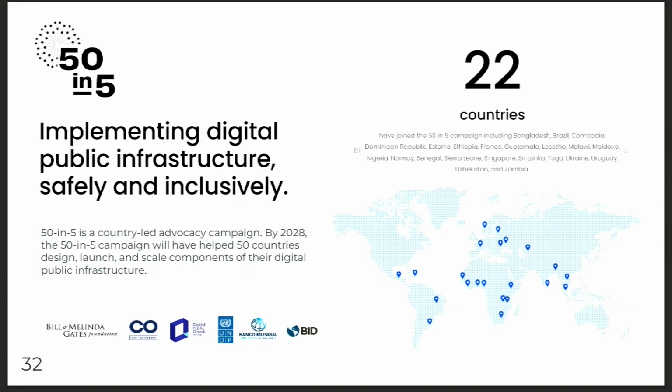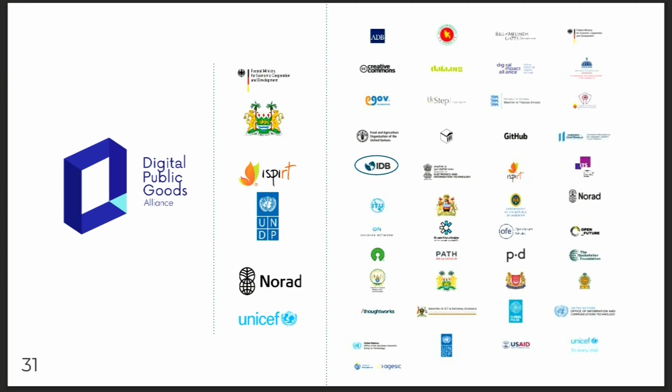The idea is to have 50 countries implementing at least one DPI in the next 5 years. And I know that you're going to do so much more. The Digital Public Good Alliance is the one leading this campaign. And all of these other organizations are supporting it. So it takes a village, and we're here to help.